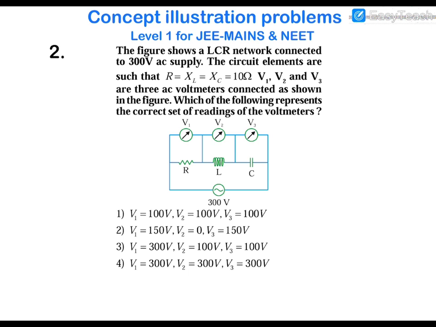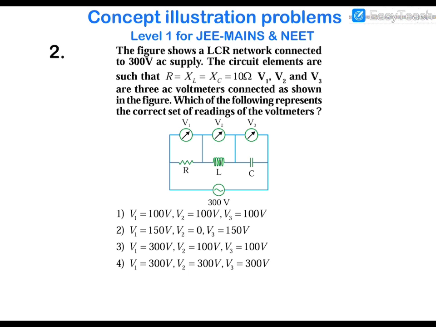And the voltmeter has a voltage, we can say that it is an RMS voltage. So it has an RMS voltage of 300 volts. So now we have to pick the correct options regarding the probable readings of these voltmeters.